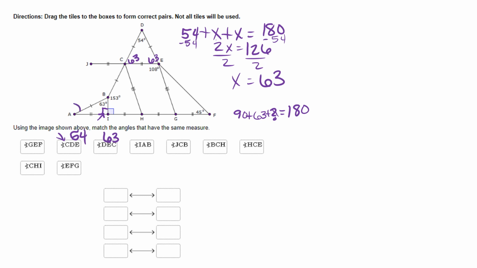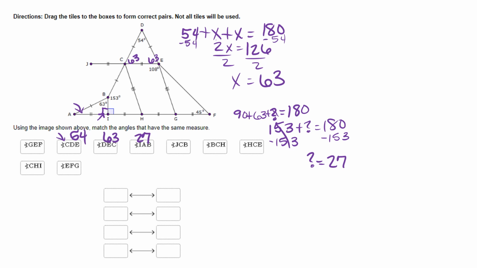Question mark is this one right here, that A. I'm going to add those together. I get 153 plus question mark equals 180. So I'm going to subtract the 153 from both sides. On the left, it forms that zero pair. And I do get 27. So IAB is 27.